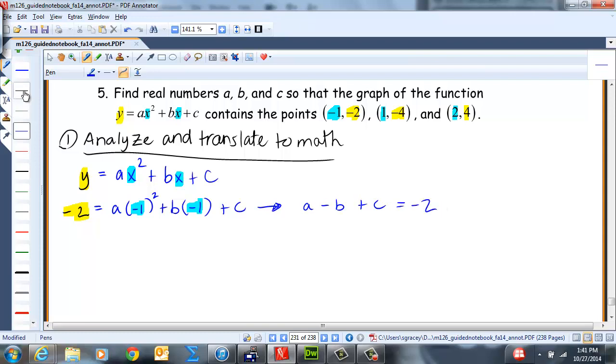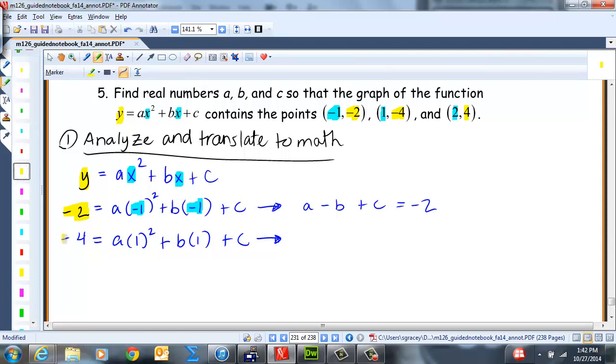Now for our second one, we'll have -4 is equal to a times 1 squared plus b times 1 plus c. So again, here's what we plugged in for y, and this is what we plugged in for x. So we'll end up getting a plus b plus c equals -4.